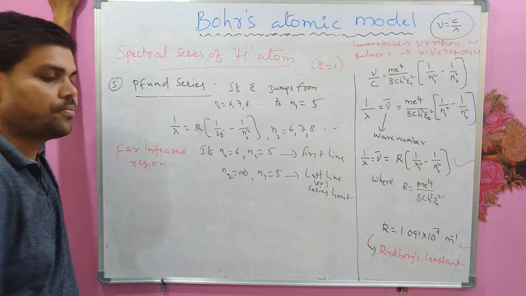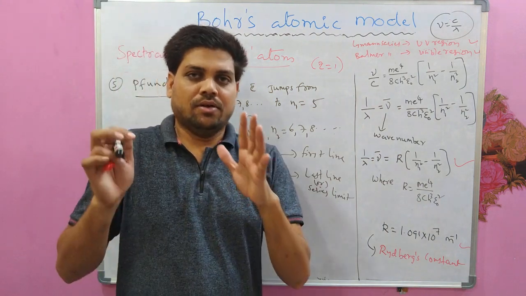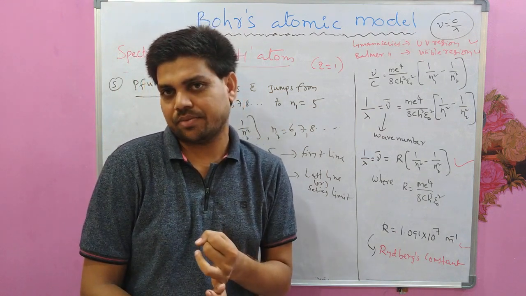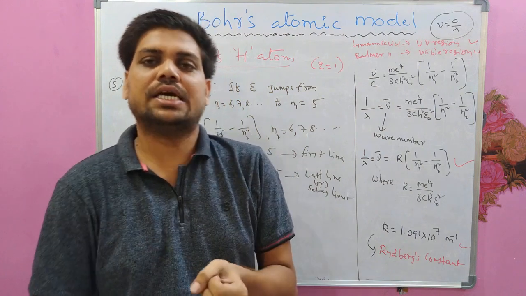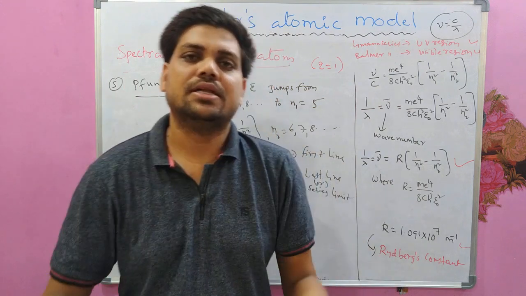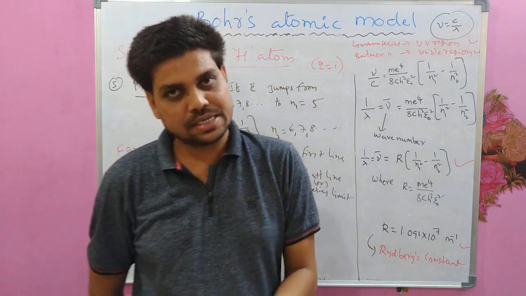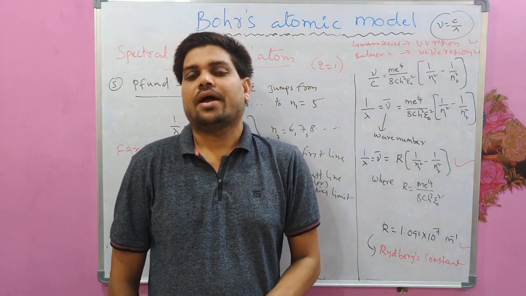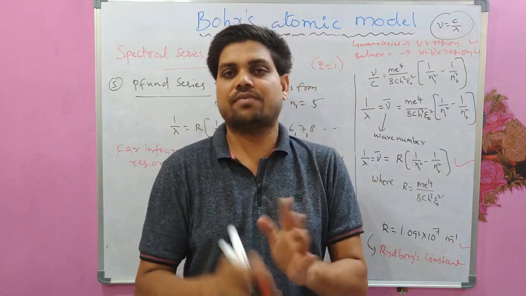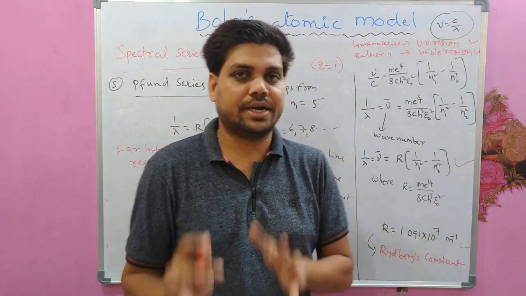You just have to remember the spectral series type, when we get that kind of spectral series, in each case the first line and last line, and in which region of the electromagnetic radiation spectrum the series is lying. Particularly the Balmer series is very, very important, with the H alpha, H beta, H gamma lines, because it lies in the visible region.